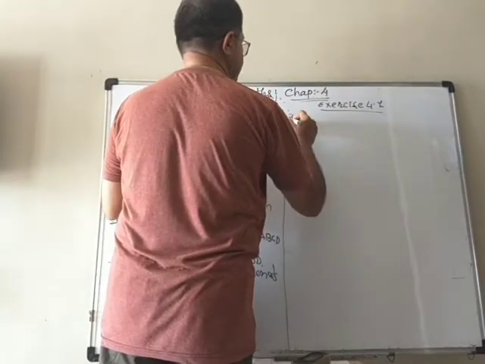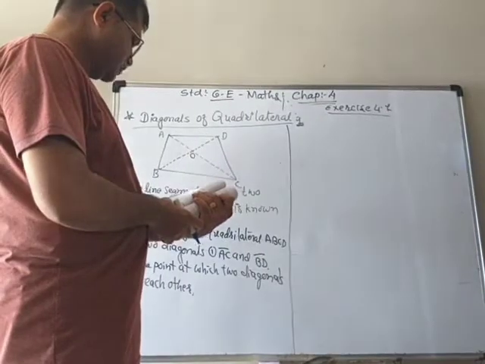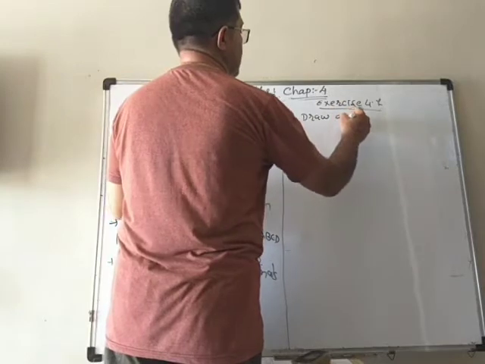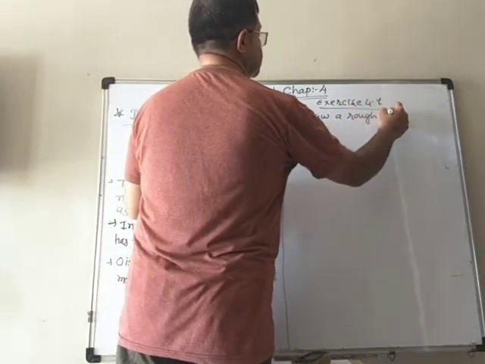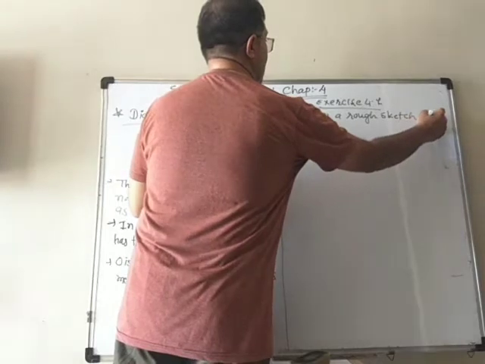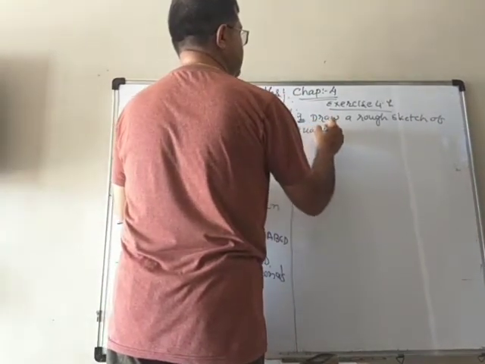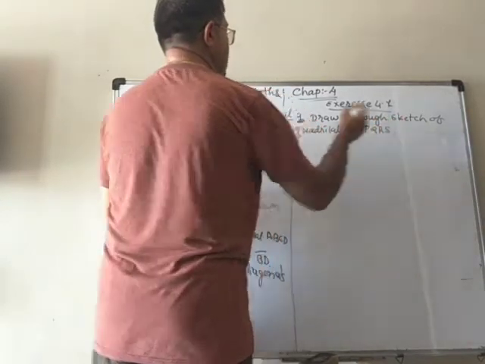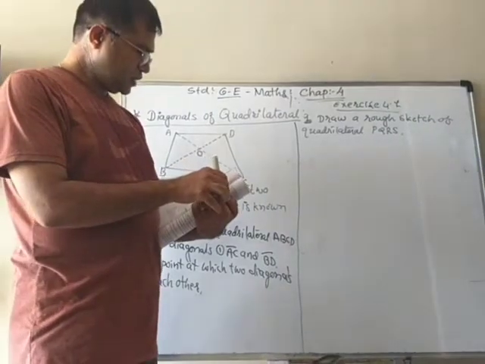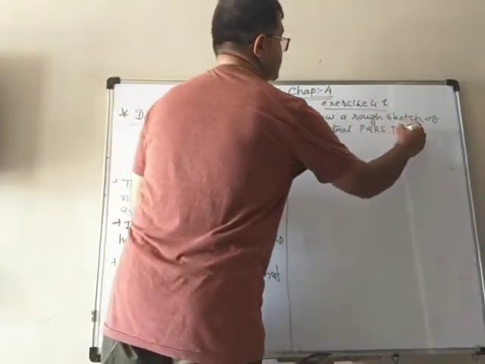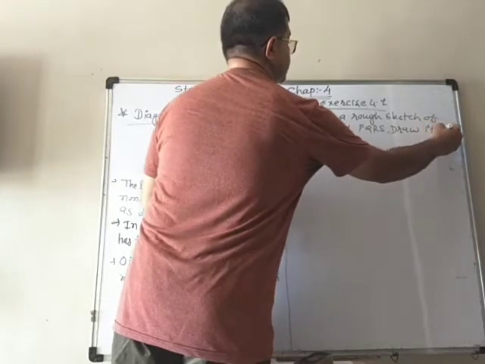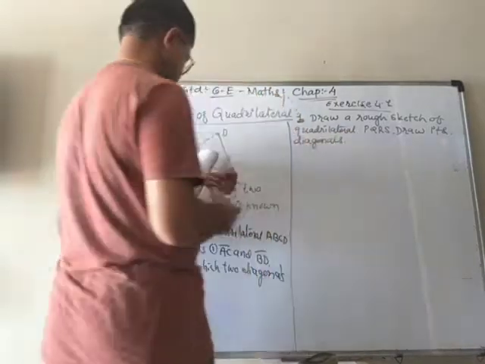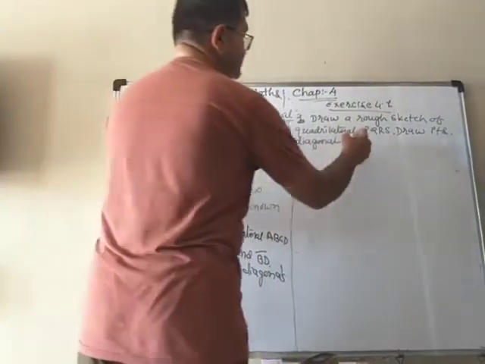In it, question 1 says: draw a rough sketch of quadrilateral PQRS. Draw its diagonals. Name them.